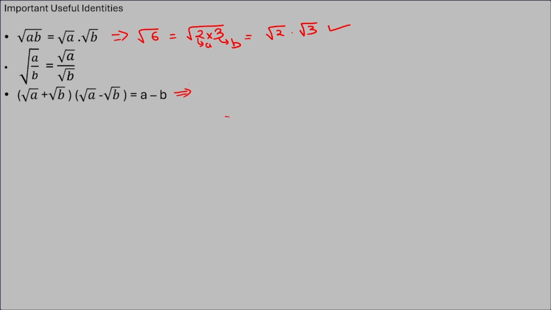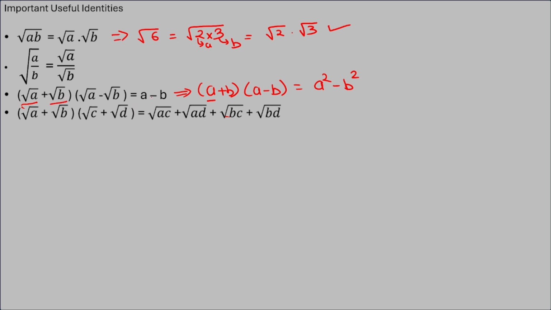So as we all know, the a plus b into a minus b property we have seen earlier. That value will be a square minus b square. Same thing here, just instead of a, we are writing under root of a, and instead of b, we are writing under root of b. Then next is under root a plus under root b, into under root c plus under root d.